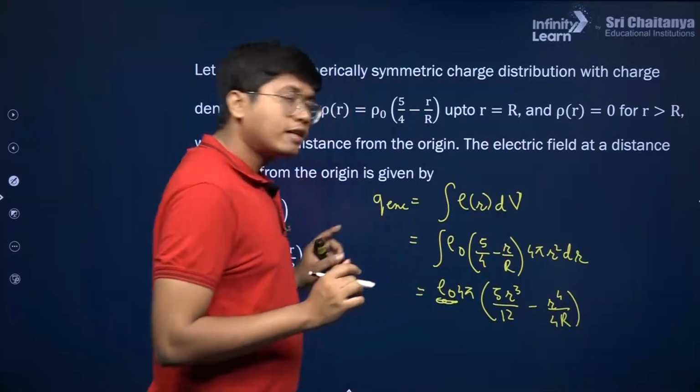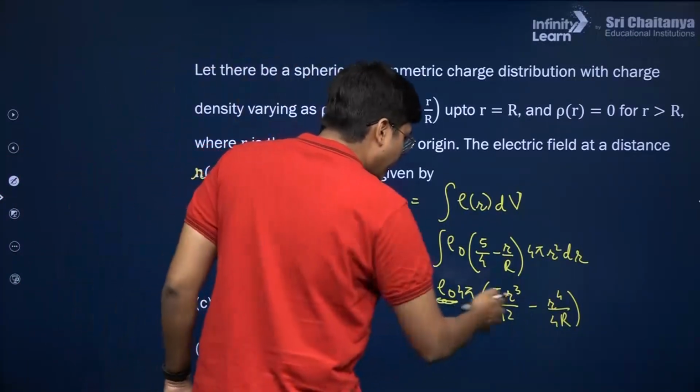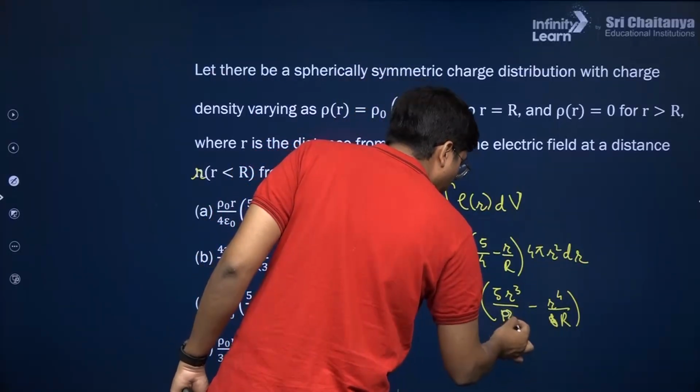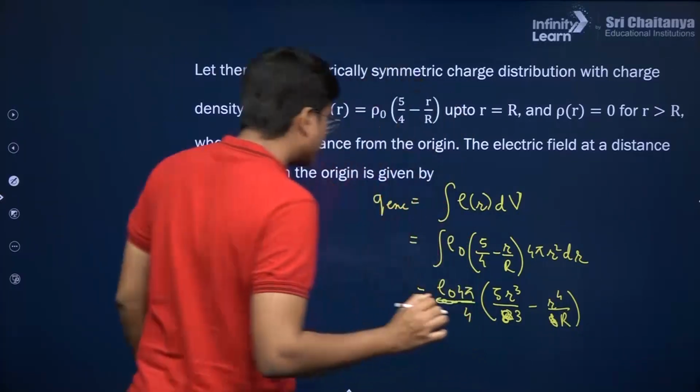That is your enclosed charge, right? Can I take a few things common here? I can take a 4 out, I'm assuming. So remove this 4, keep a 3 remaining, and I can get a 4 out over here.